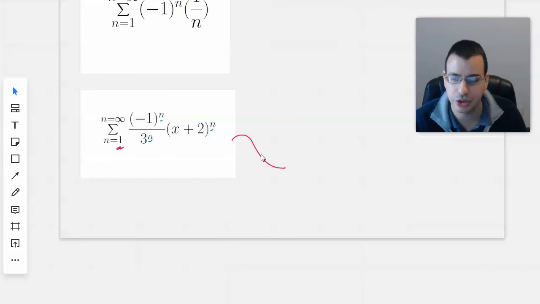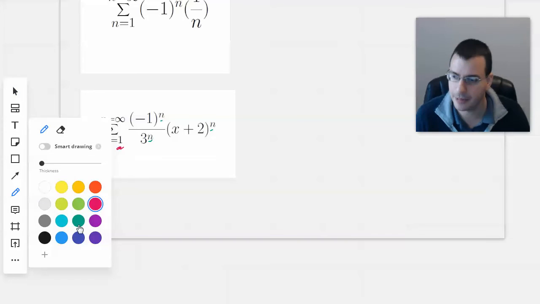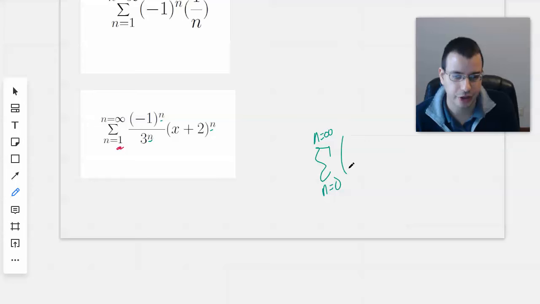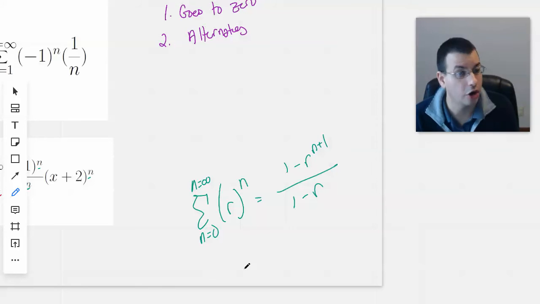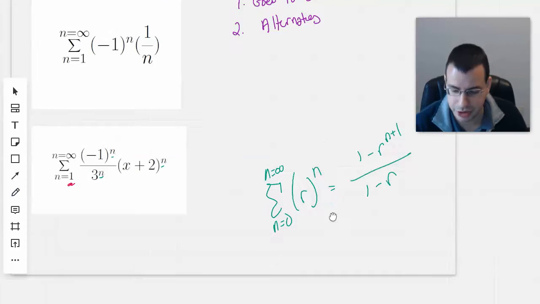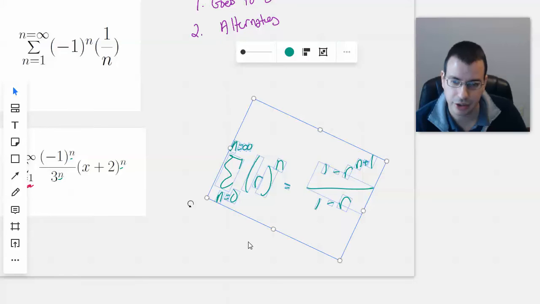And for this one, we could use alternating series, or as is generally preferred, if you see something that looks like a geometric series, go for a geometric series and use the formula: the summation from n equals 0 to infinity of r to the n, where r has to be less than 1, is 1 minus r to the n plus 1 all over 1 minus r. And that's the idea behind a geometric series. Except I'm extremely right-handed and everything comes out crooked.